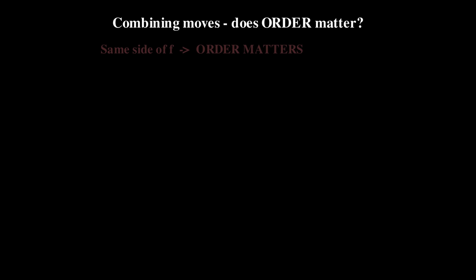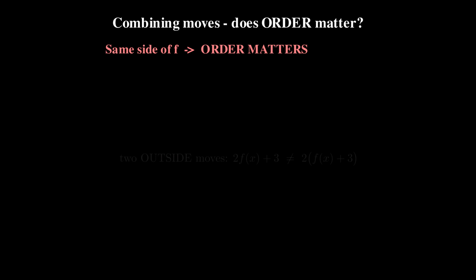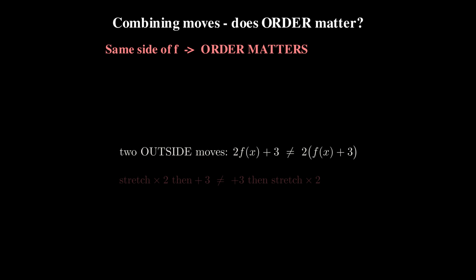Here's the clean answer. If two moves act on the same side of f, both on the outside or both on the inside, then order matters, because they're two operations on the same variable. Like adding, then doubling versus doubling, then adding, you get different results.